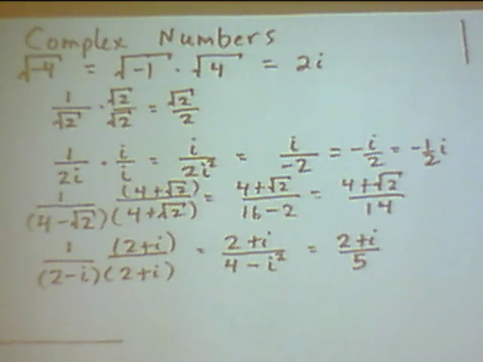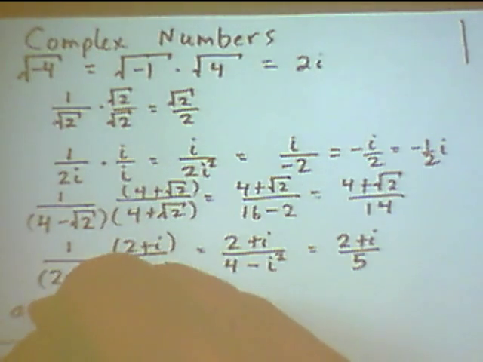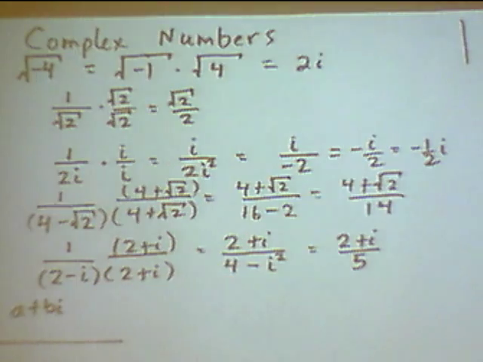Now, you think you should be done, but here's one more little quirk about imaginary numbers. Most of the time, when they give you a problem, they will tell you, express the solution as a plus bi. a is called the real part, and the bi is called the imaginary part. Normally they like us to give the answer as two distinct terms.